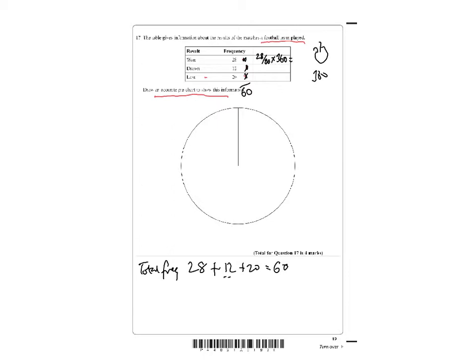Now fortunately, I know that 60 will go into 360 6 times. So I'm left with actually having to work out what 28 multiplied by 6 is, which isn't particularly nice.